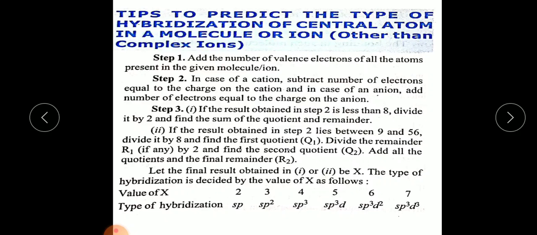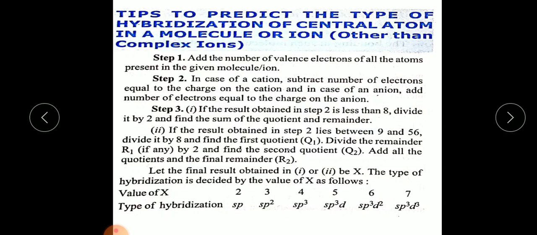Step 1 is to add the number of valence electrons of all the atoms present in the given molecule or ion. That means adding the electrons present in the outermost shell of all the atoms present in it. Now in step 2, in case of a cation, that is an ion having a positive charge, subtract a number of electrons equal to the charge on the cation.